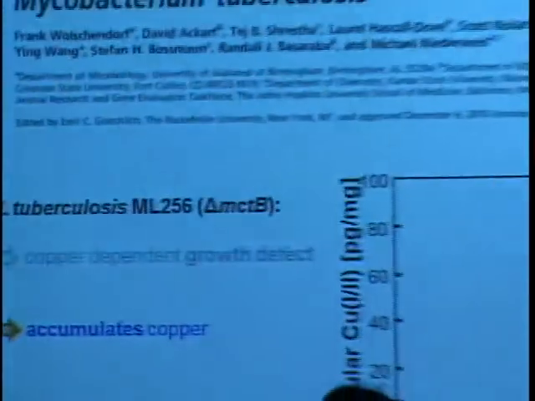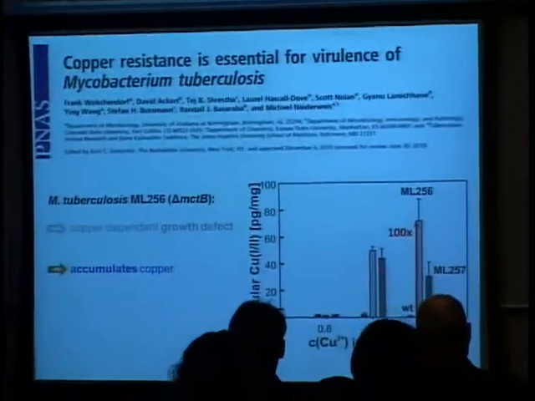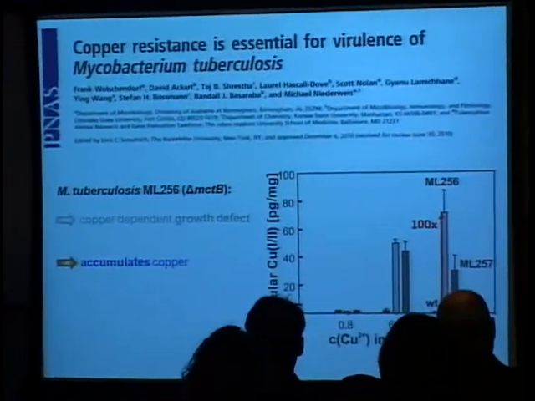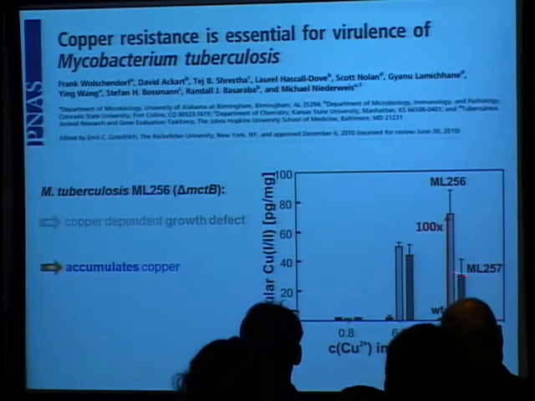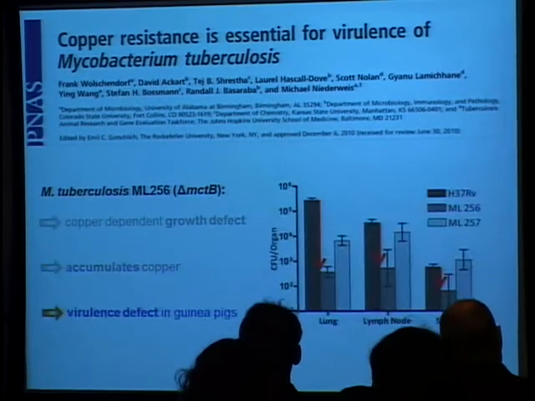We identified a protein that we call MctB, and the TB mutant for this protein didn't grow in the presence of elevated copper levels, and it accumulated more than 100-fold more copper than the parental strain Mycobacterium tuberculosis H37Rv.